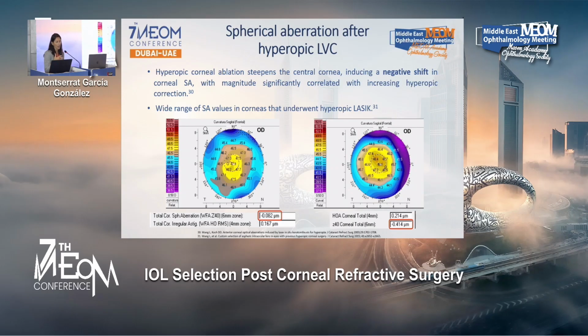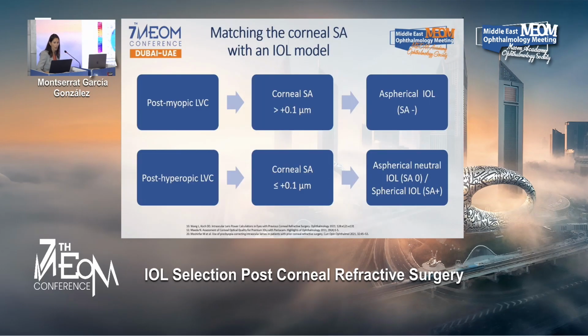But in hyperopic laser, the corneal spherical aberration tends to decrease, and in some cases we will have patients in which the corneal spherical aberration is near to zero, to plano, but in some others we will have a negative corneal spherical aberration after hyperopic LASIK. So in these cases, it's important to match the corneal spherical aberration with the IOL model selected, independent of whether it is a multifocal or a monofocal IOL.